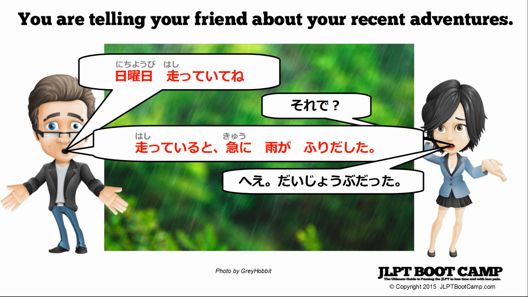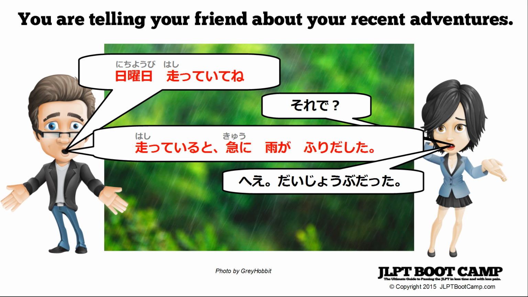And your friend responds, "Hey, daijoubu datta?" So "hey" is like an expression. It's used a lot by women, but it can be used by men. Kind of an expression of shock, and they want you to repeat the information. They're kind of shocked as to what happened, or they're surprised in a good way or a bad way.